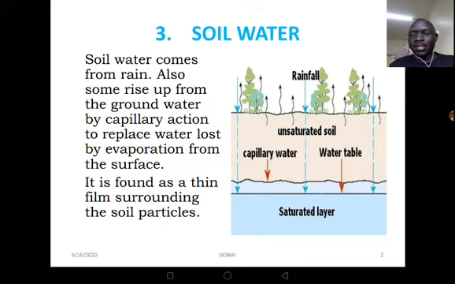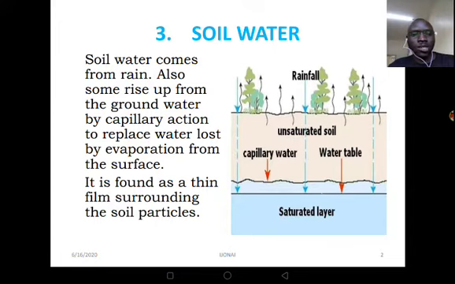So where does this water come from? The water which we find in the soil, where does it always come from? Well, the water comes majorly from rain. When it rains, this water comes down and sinks into the soil, and that is what constitutes what we talk about as soil water.